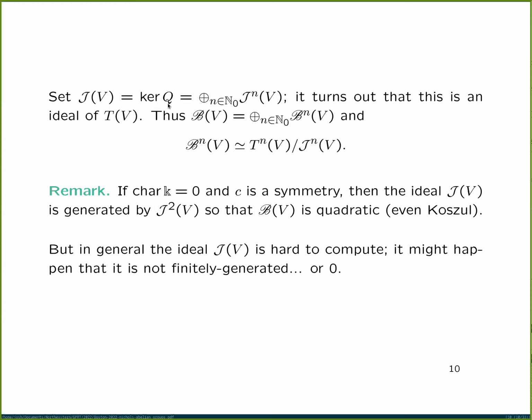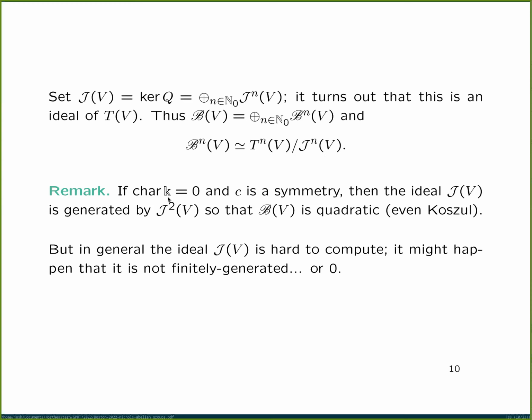This is a homogeneous subspace which starts in degree 2, and this is an ideal of T of V. This is equivalent to what I said before. Then the Nichols algebra turns out to be graded, clearly, and the homogeneous component of degree n is the quotient of T^n of V by I^n of V. So I am not saying anything very deep.